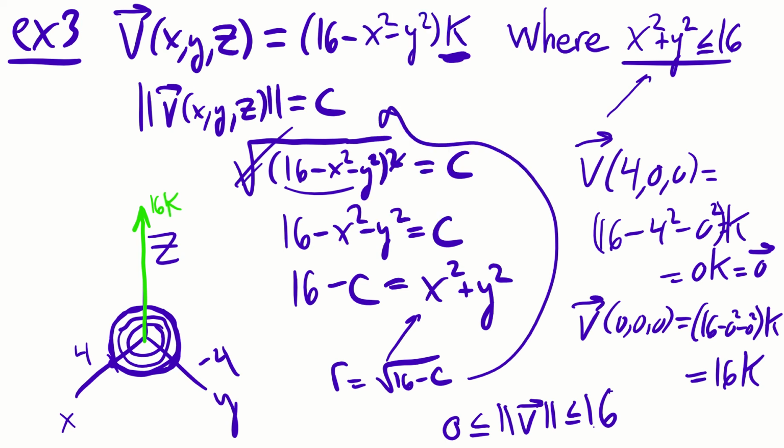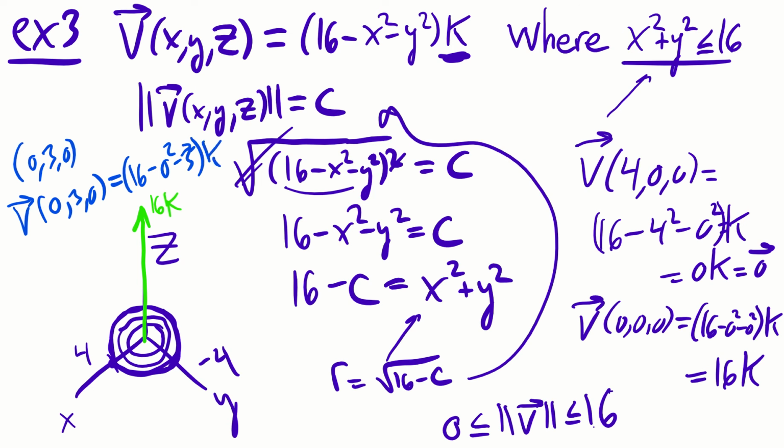Let's pick another point, let's say 0, 3, 0. If I plug that into our vector valued function, this is going to give us 16 minus 0 squared minus 3 squared k. That's 16 minus 9, which would be 7k.